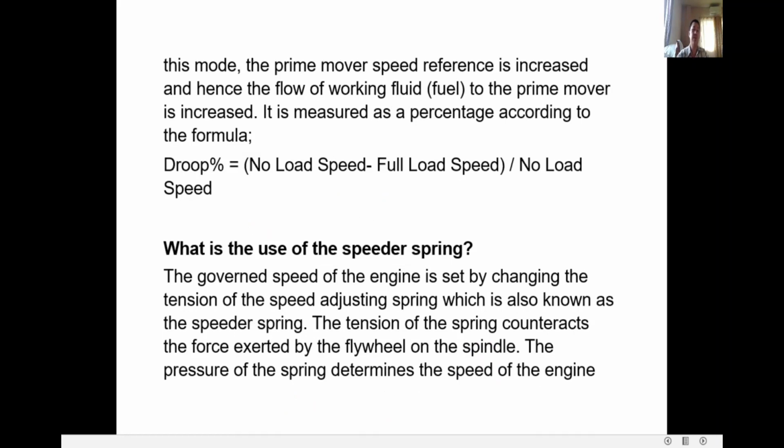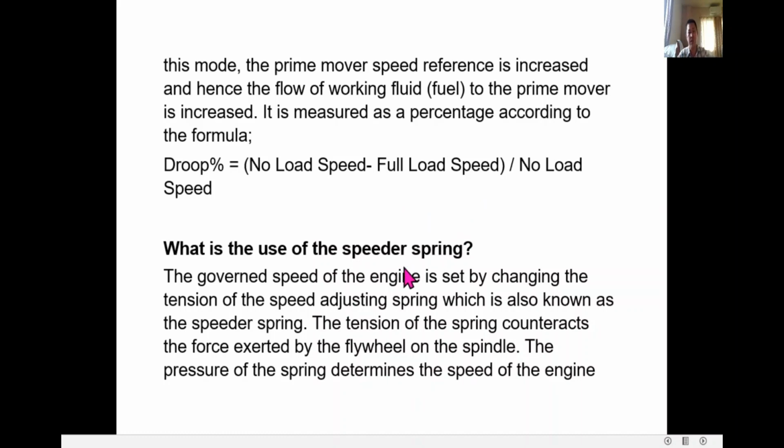In this mode, the prime mover speed reference is increased, and hence the flow of working fluid, fuel, to the prime mover is increased. It is measured as a percentage according to the formula: drop percent is equal to no load speed minus the full load speed, divided by no load speed. That is the formula of drop percent.